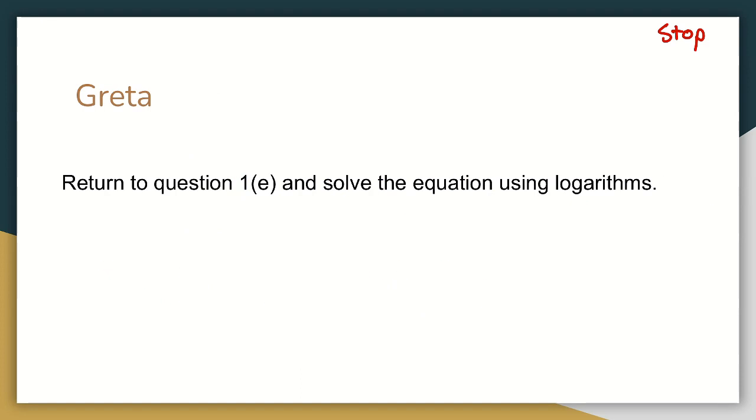All right. So we're going to return to question 1e and solve the equation using a logarithm. So let's see. Is it from our warm-up? Was that it? No, it's in the handout.